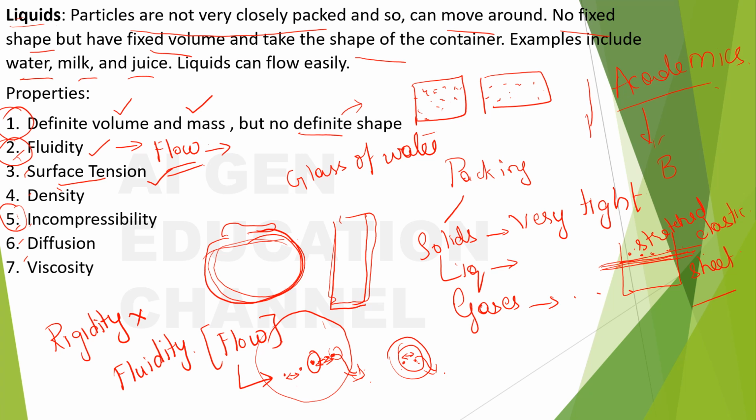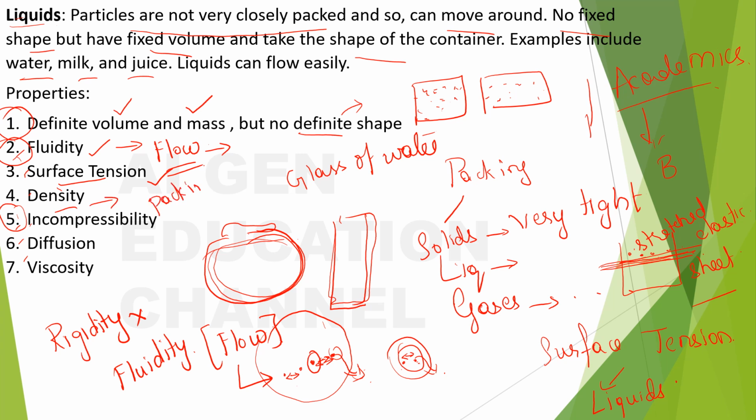Liquids do have surface tension. If Olympiads or any competitive examinations want to ask something about it, they will just ask one statement: surface tension can be associated with what form of matter? You have to say liquids. And then density. As I have mentioned earlier, this is related to the packing of the particles.